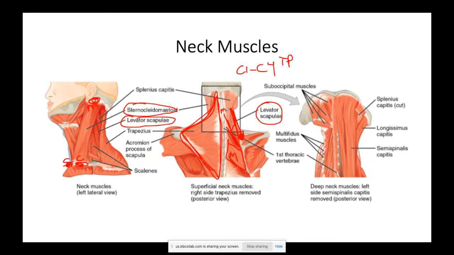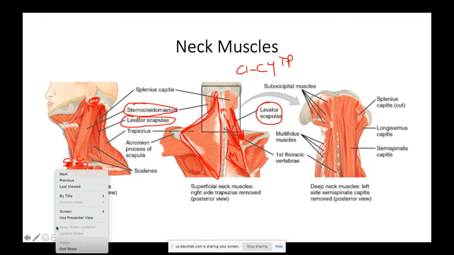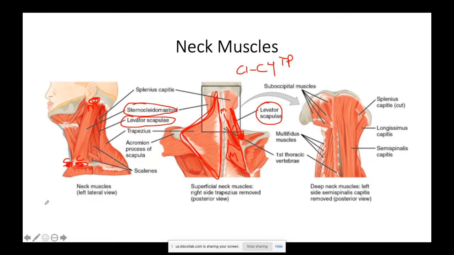Okay, all right. Now, so rhomboid minor, rhomboid major, levator scapula. Now, what else? Let me go back one. Okay, I thought I could erase this, but I just don't see the eraser here.